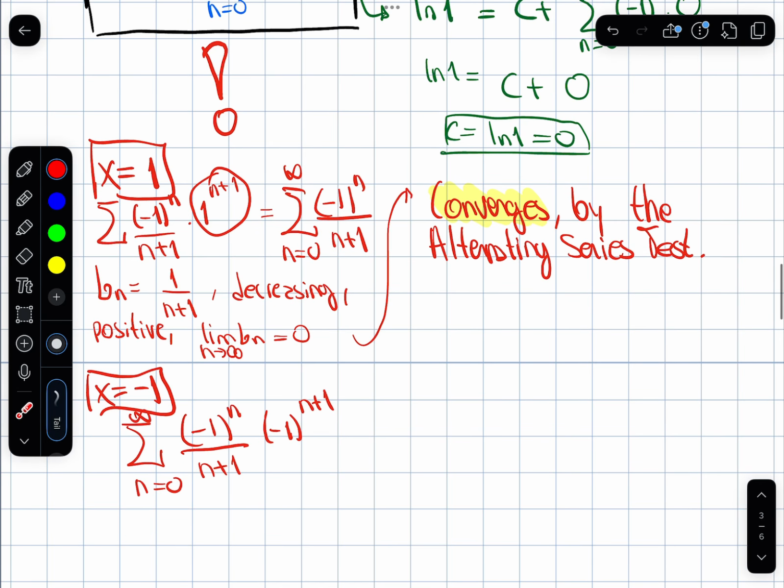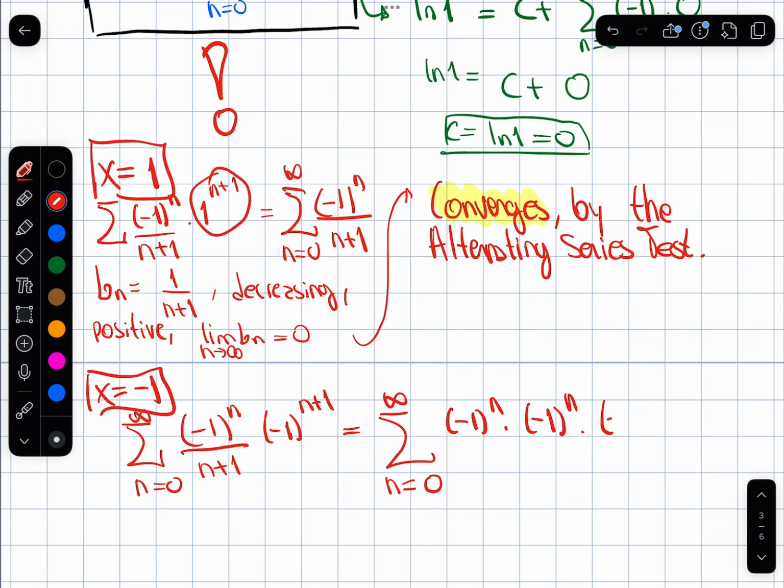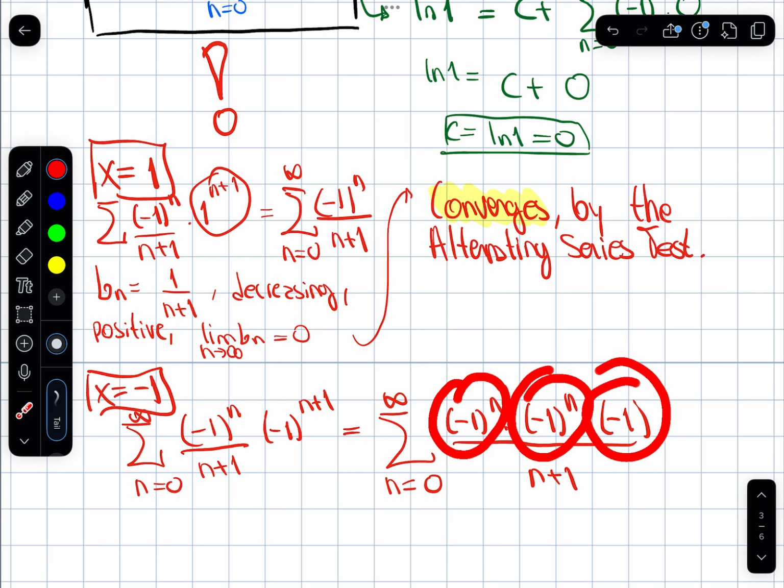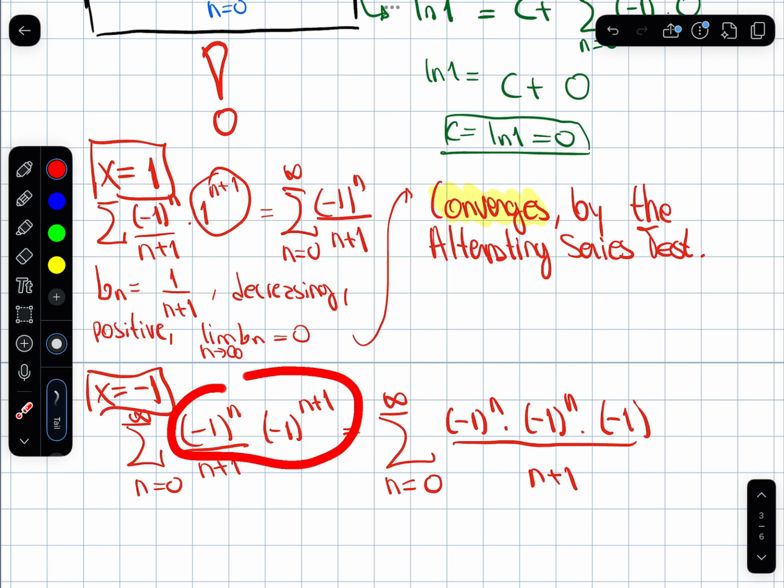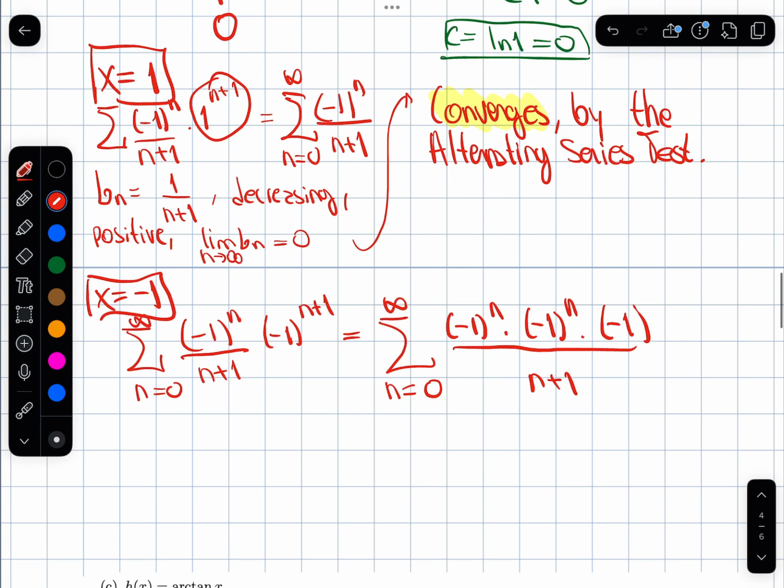Now we're trying to find its new interval of convergence. And now if you rearrange this a little bit, you can write this like so. This is decomposing these powers here into 3. And you end up with this.